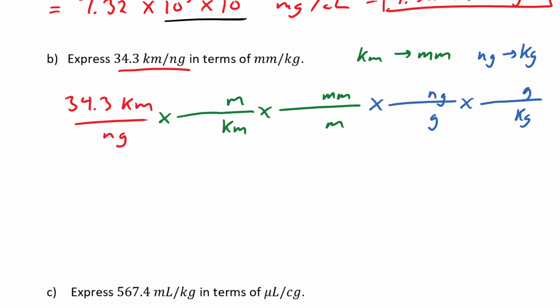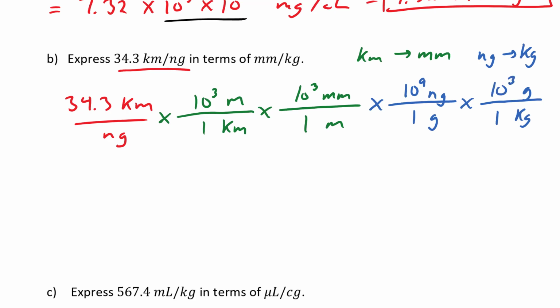Let's put in our values now. 1 kilometer, 10 to the 3 meters. 1 meter, 10 to the 3 millimeters. Alternatively, you could have said that 1 kilometer is 10 to the 6 millimeters. Over here, 1 gram, 10 to the 9 nanograms. 1 kilogram, 10 to the 3 grams.